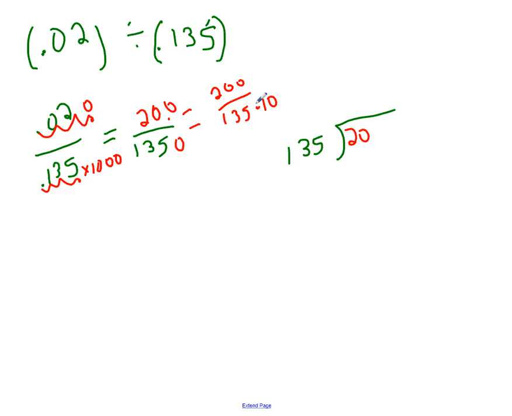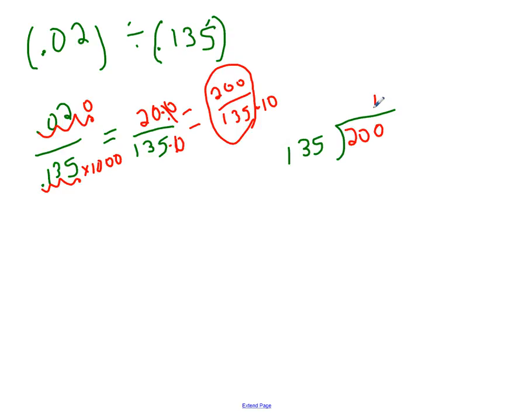Down here I left it as times 10, if we're being precise here. 20 times 10 is 200. 135 times 10. Because I don't want 1,350. That's going to be bigger than 200. I just want 135 into 200.